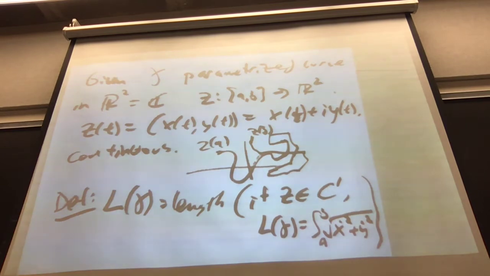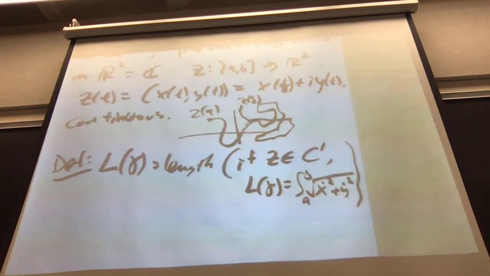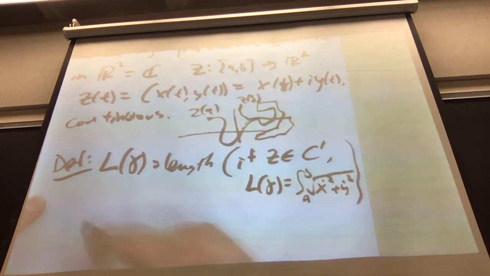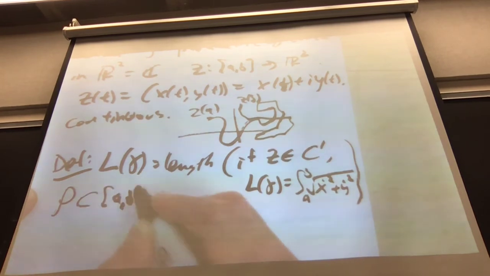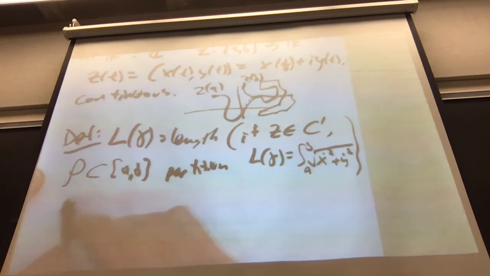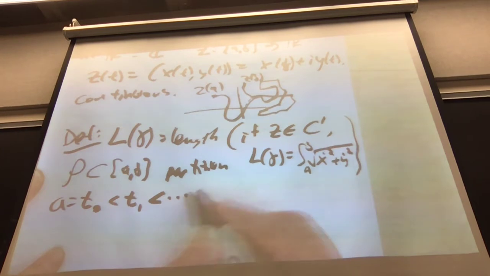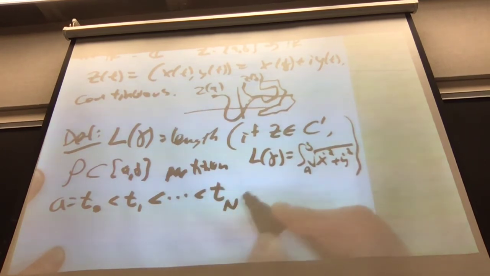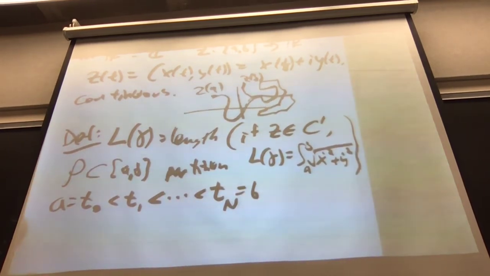Can we have a more general notion of length? Well, let's approximate this notion by rectifying the curve, chopping it up into straight segments. So what we'll do is take a partition P containing a and b. I start with t0, then a strictly larger t1, all the way up to some number, which is not specified, some finite list of t's that decompose [a, b].